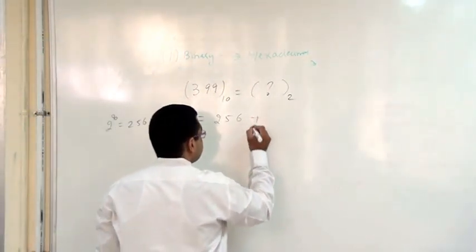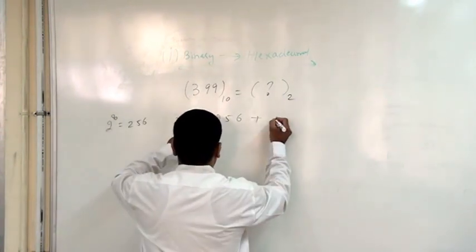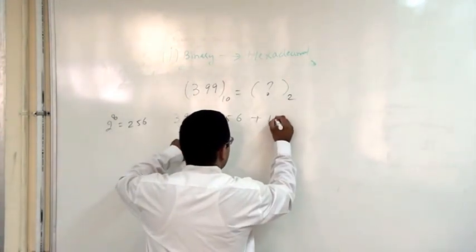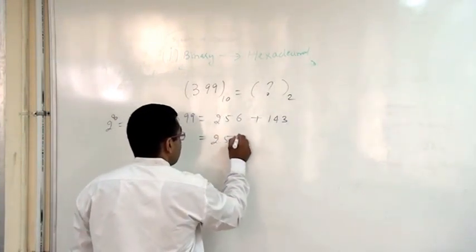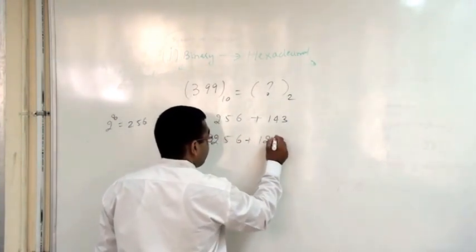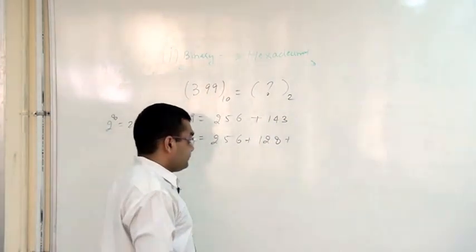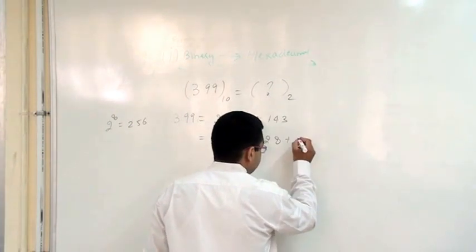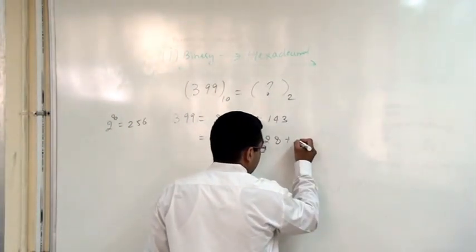Plus, when you subtract, you are left with 143. So this is 256 plus 128. You're left with 15. 15 is 16 minus 1.